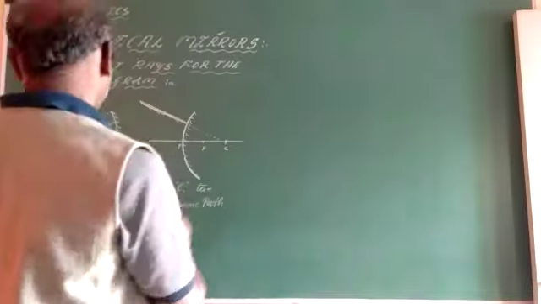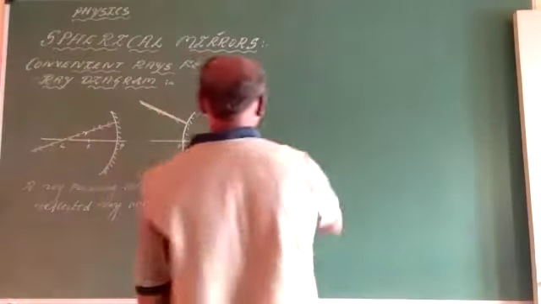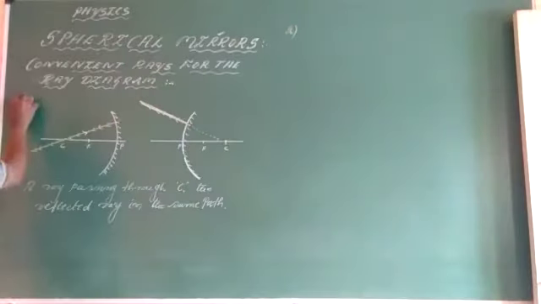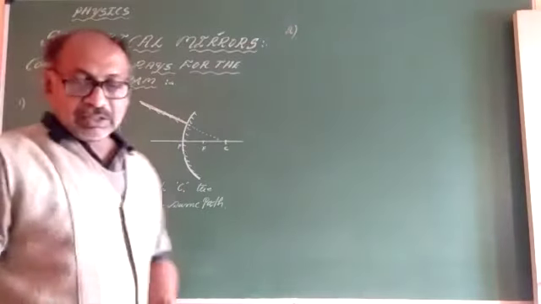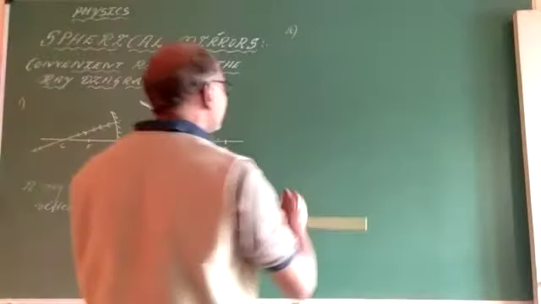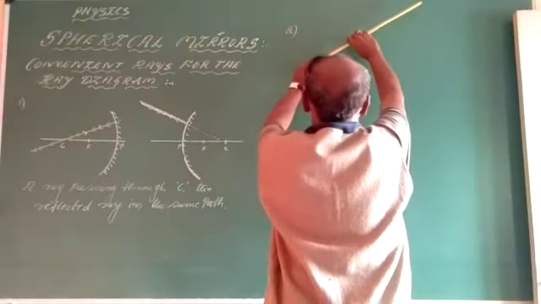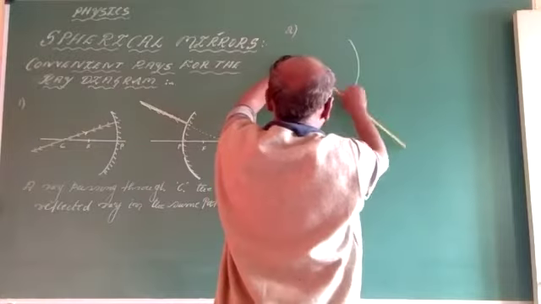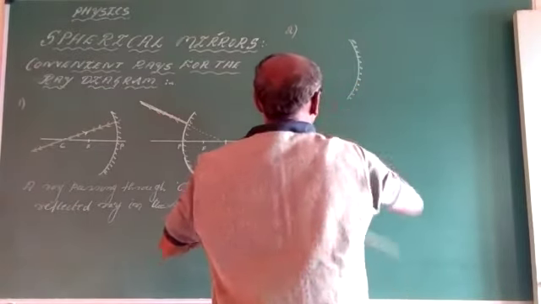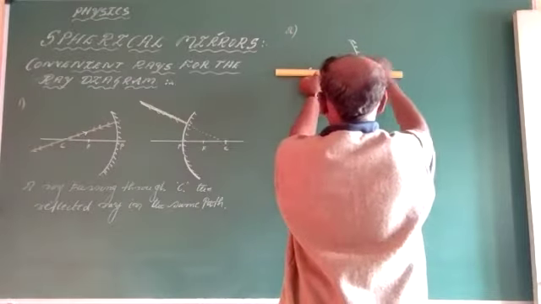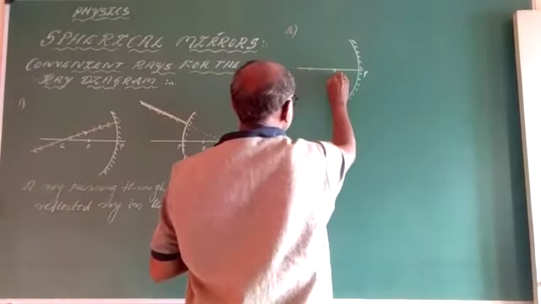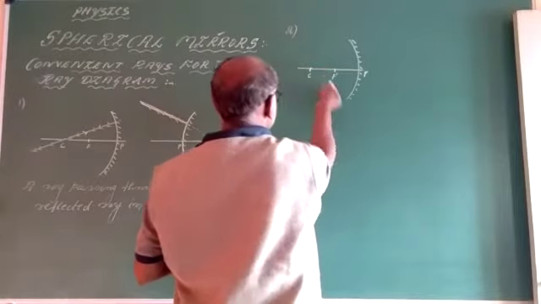So next we shall pass on to another one. What is the second ray we have to follow? Let us consider the concave type of mirror. Here we have the principal axis, pole, and focus.